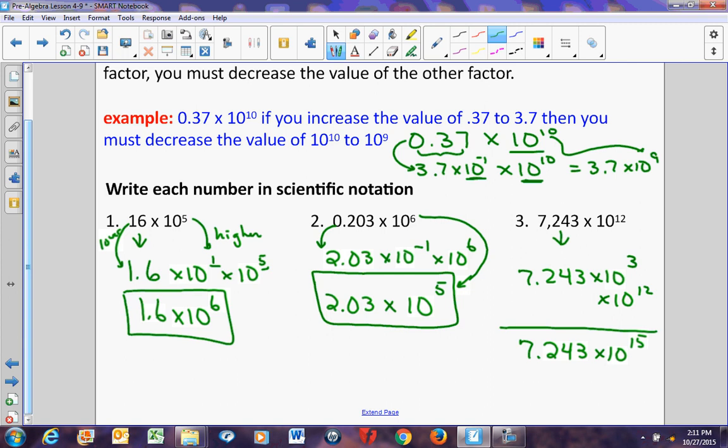Now notice this number got smaller by 3, basically 1,000, because we divided it by 1,000, or 10 to the third. This has to get bigger by 3 places to 10 to the 15th. It's a whole lot easier if you do the scientific notation thing like I showed right here. Change it to scientific notation and then add your exponents together and you'll be just fine. But we already know how to do that from earlier in this chapter.